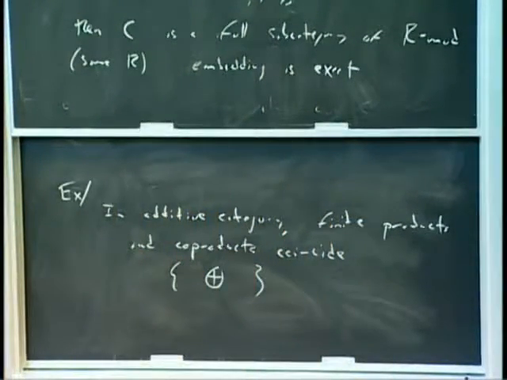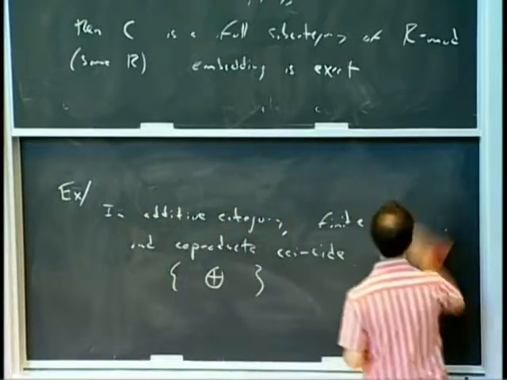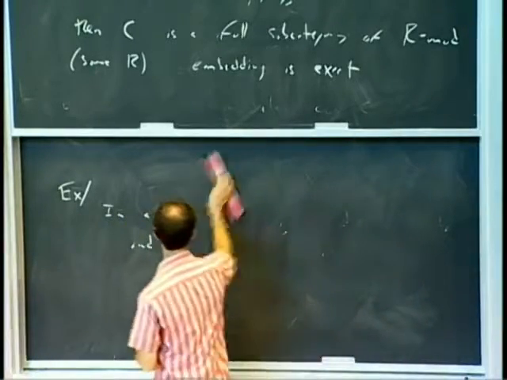You can ask the question, so it's a full subcategory, that's great. When is it actually a module category? And this is closely related, once again, to the talk on Morita theory.